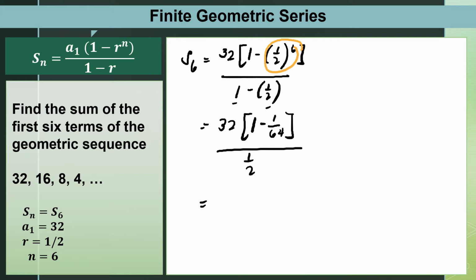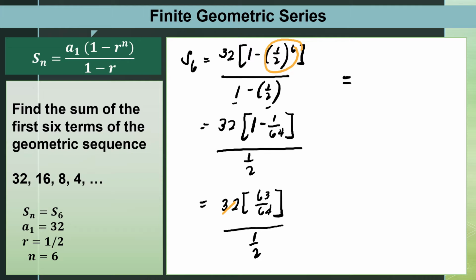Ngayon, isimplify naman natin ang nasa loob ng ating parenthesis. So, we still have 32 times 1 minus 1 over 64 is 63 over 64 all over 1/2. Bago natin i-multiply si 32 times 63 dahil medyo mahirap siya, we are just going to look for common factors.